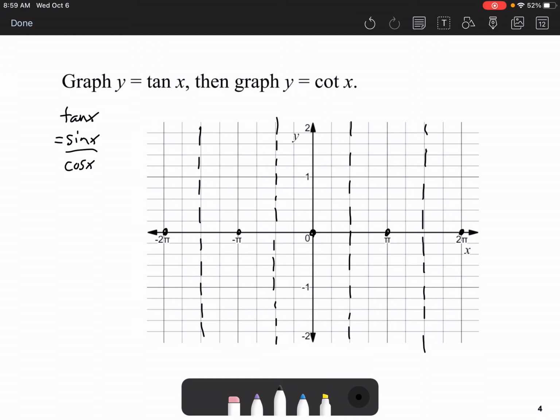Now, if sine x and cos x are equal to each other, you're going to get a value of 1. This only occurs at values like pi over 4, or even 5 pi over 4, and as you can probably guess, add multiples of pi from there.